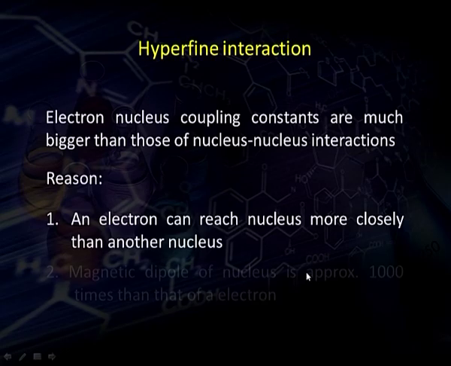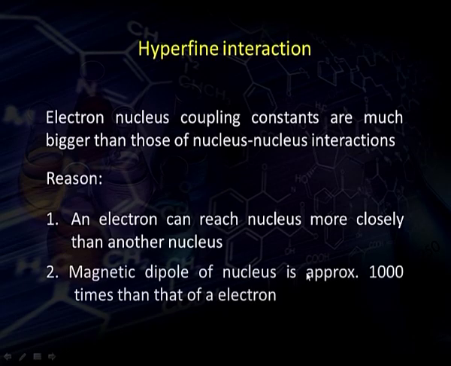Therefore, this nucleus interaction is much less. The second reason is that the magnetic dipole of a nucleus is approximately 1000 times smaller than that of an electron. So, this is also a reason why electron nucleus coupling constants are much bigger than those of nucleus.